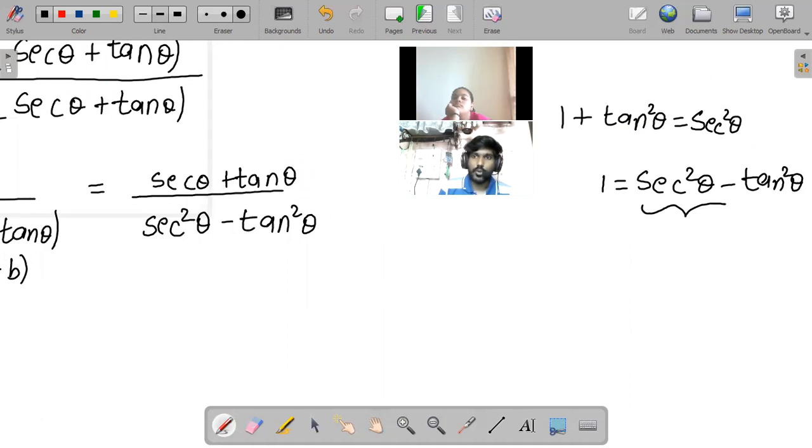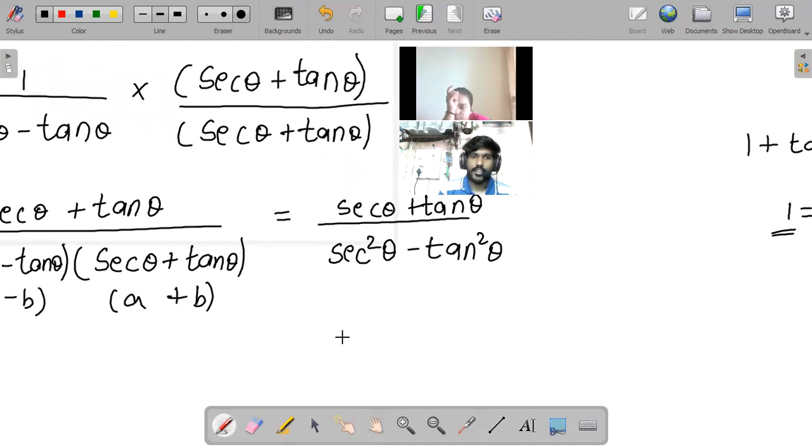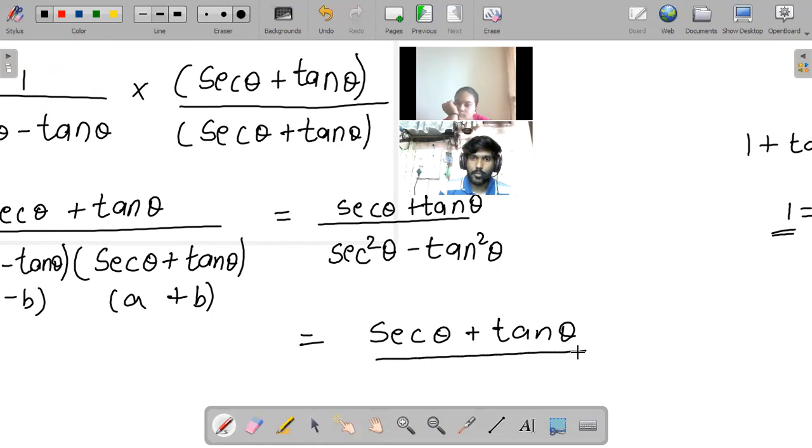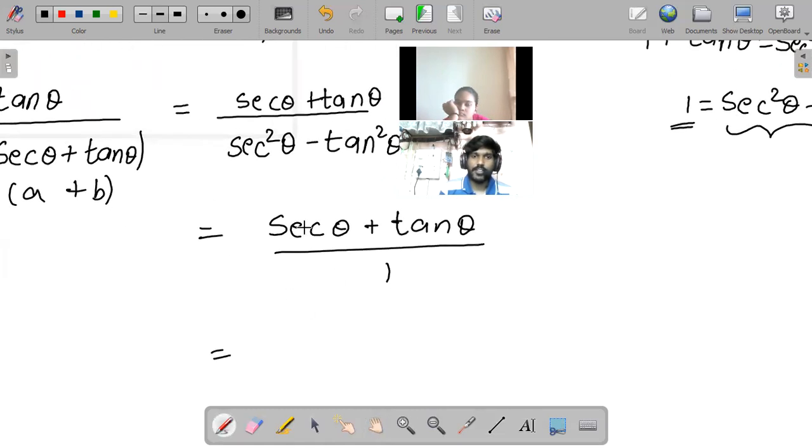So now you know what is sec square theta minus tan square theta? 1. So you can just write in the denominator 1 by this formula upon 1. And anything divided by 1 will give that same thing. So this will become sec theta plus tan theta.